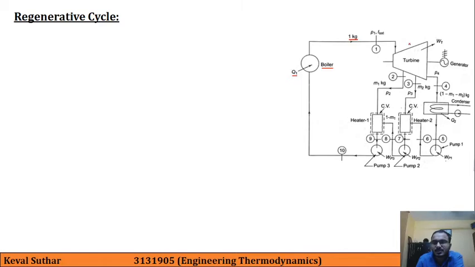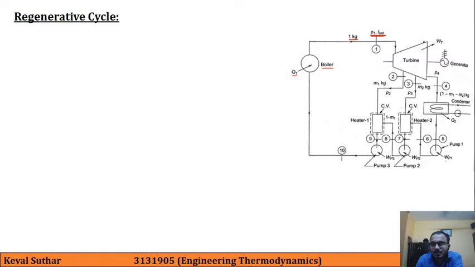At the exit of turbine, we are having pressure as P1 and temperature as T saturation. Turbine is also as it is, that is we are getting work output, and here with generator we are getting electricity.